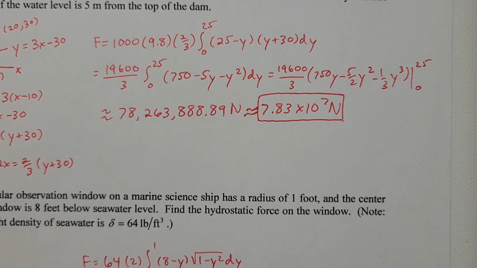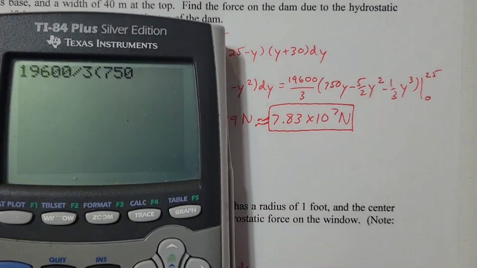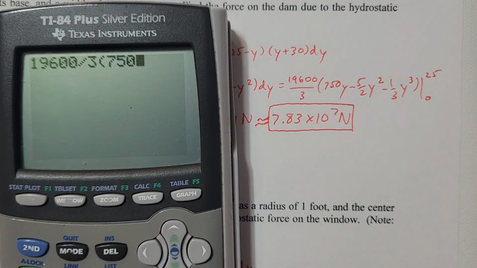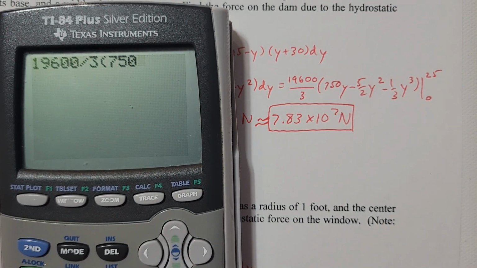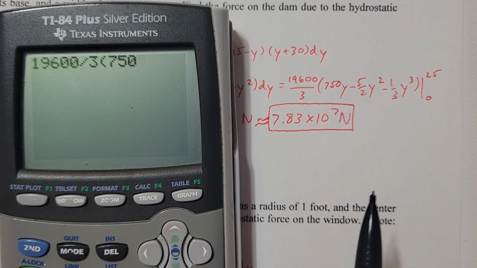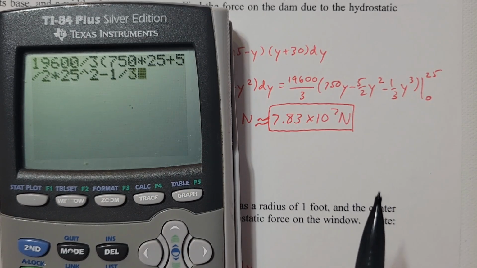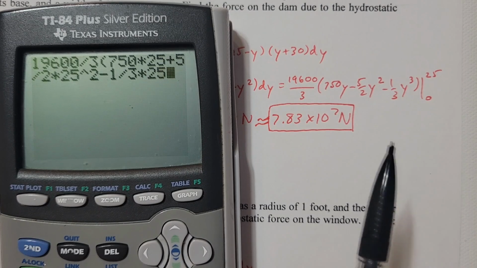And then I can plug in the bounds. Well, when I plug in 0, I'll be subtracting 0. So when I plug in 25, let me finish typing this in here. I got 19,600 divided by 3 times 750 times 25 minus 5 divided by 2 times 25 squared minus 1/3 times 25 cubed.